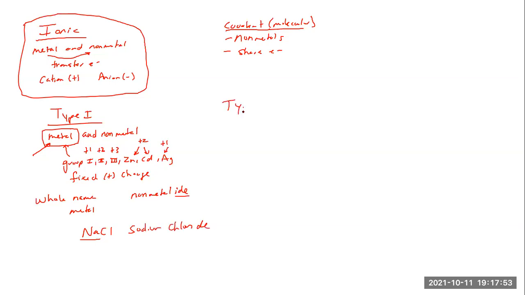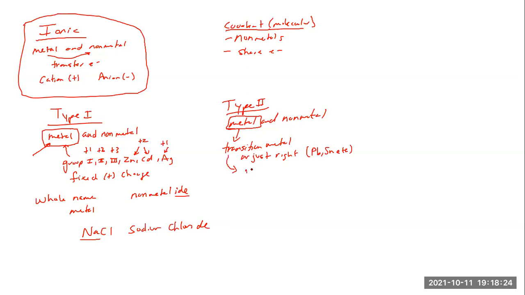Now, type 2 is pretty much the same deal. It's a metal and a non-metal together. Again, the metal is the most important one, and that would be a transition metal, or just to the right on the periodic table, where we see things like lead and tin. What these all share in common is that these metals can have a variable positive charge, which means in some cases, for example, it could be +1 or +2 for the same element.